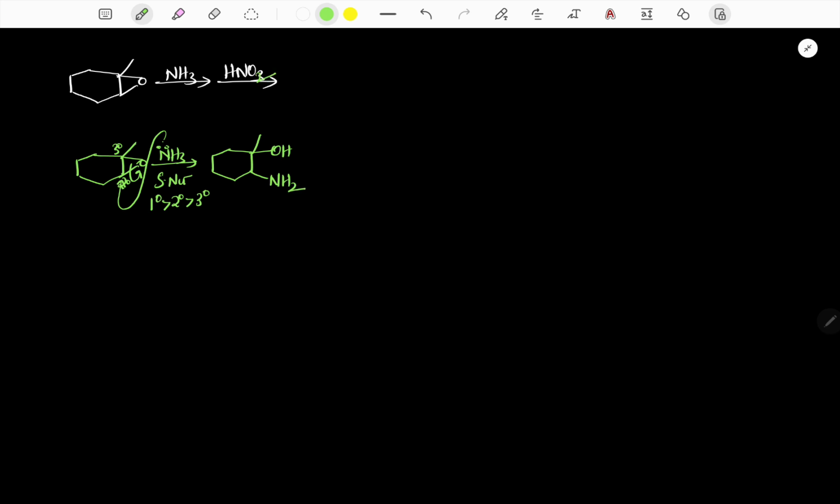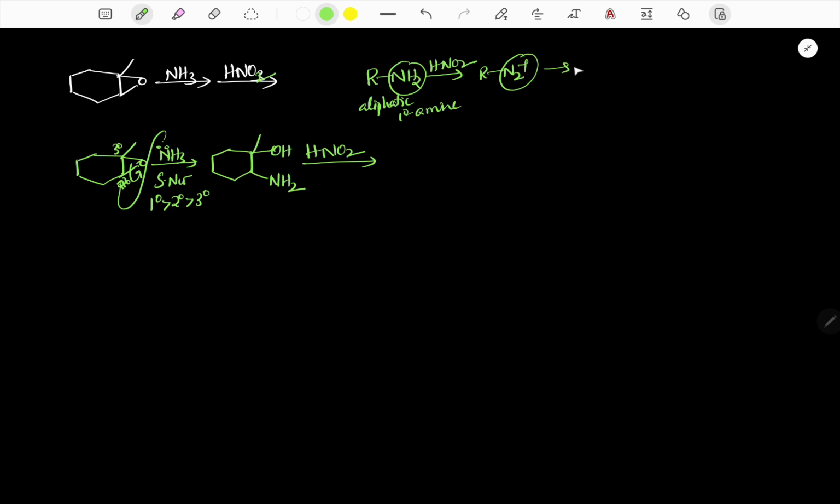Now it is treated with HNO2. And we know that the basic reaction is when RNH2 is treated with HNO2, it is an aliphatic primary amine. So we have to write down in place of NH2, we should write N2 plus.